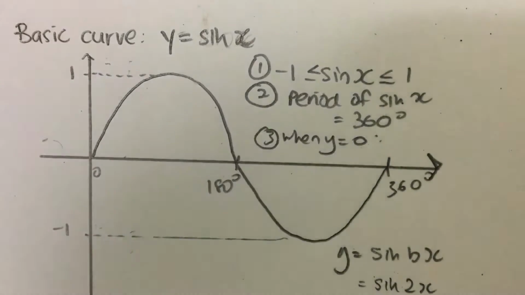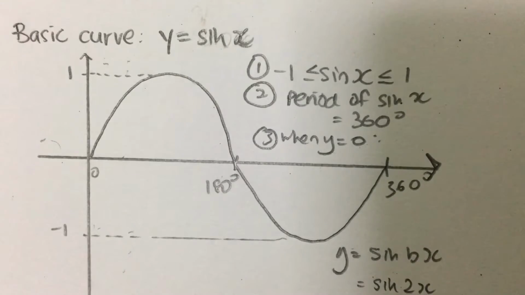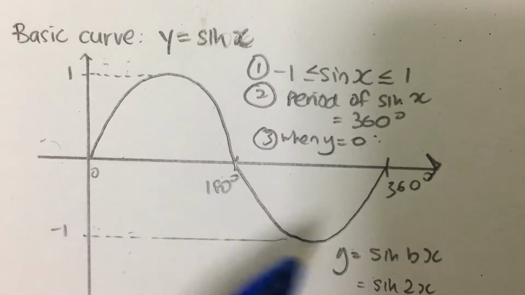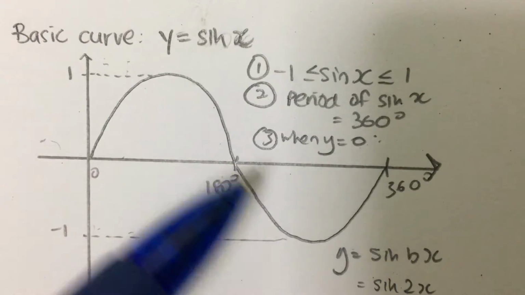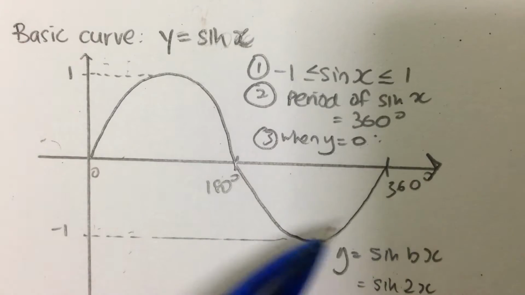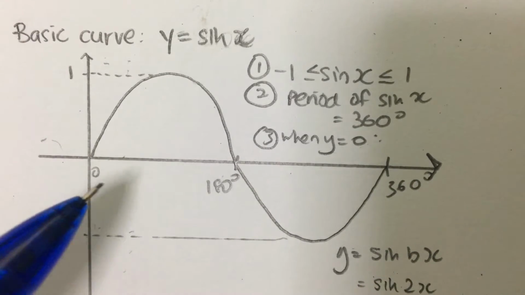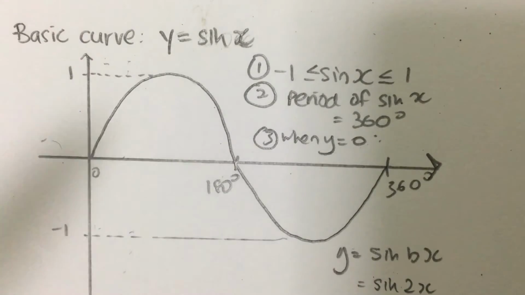The second point that we need to take note of is the period of sine x. The period is the horizontal distance of one complete cycle of the curve. As you can see, for the basic curve of sine x, one complete cycle is 360 degrees, and that is the horizontal distance.